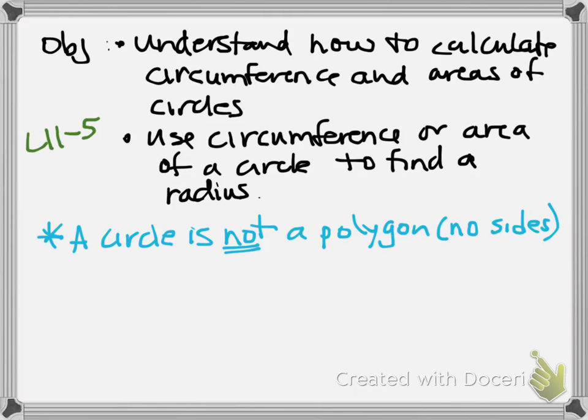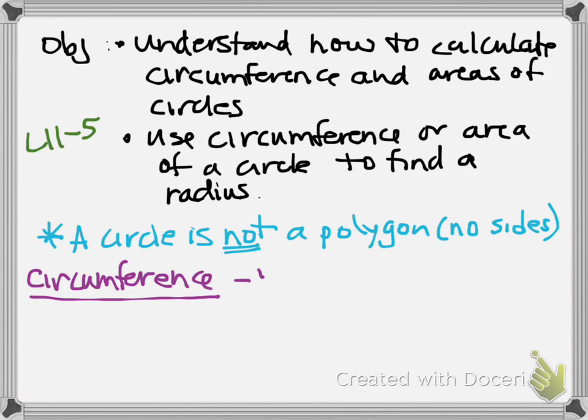All right, so vocab word coming up: circumference. Now, because a circle is not a polygon, we can't use the notion of perimeter with it because it doesn't have a perimeter, because a perimeter is counting up the lengths of the sides. There's no sides. So circumference is like perimeter, but it applies only to circles. So it's the circle version of perimeter.